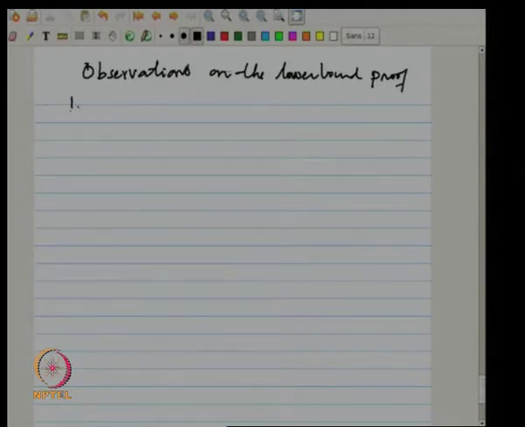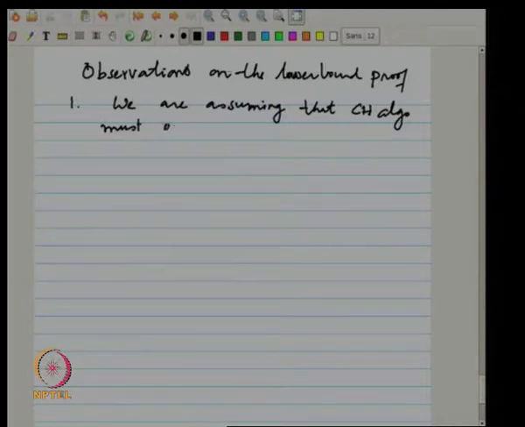One, we are assuming that the convex hull algorithm must output an ordered set of corner vertices.